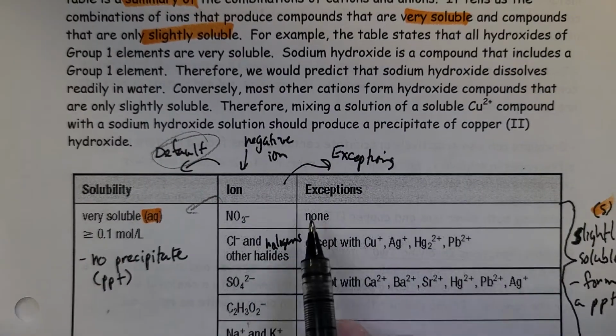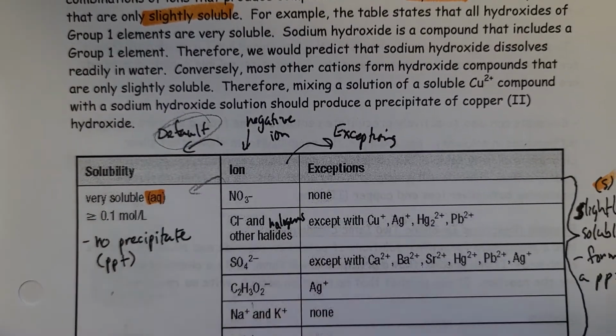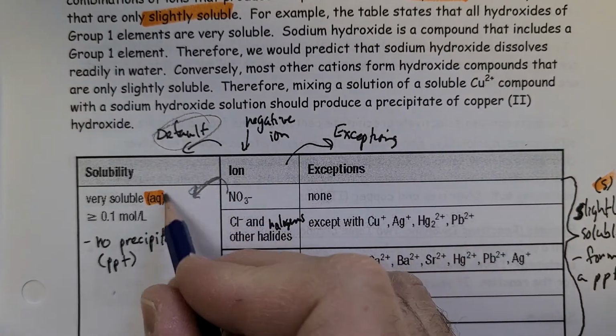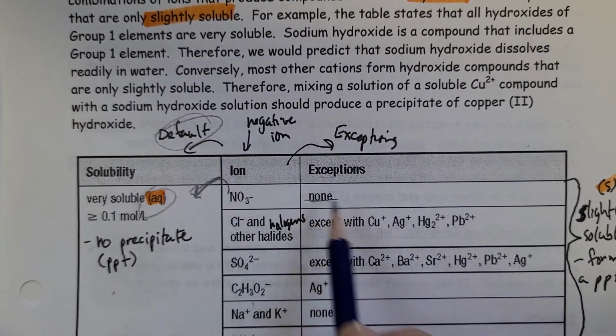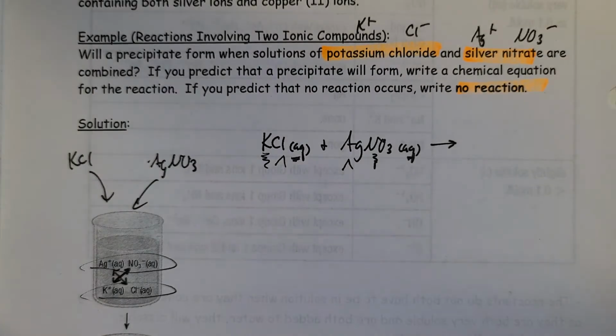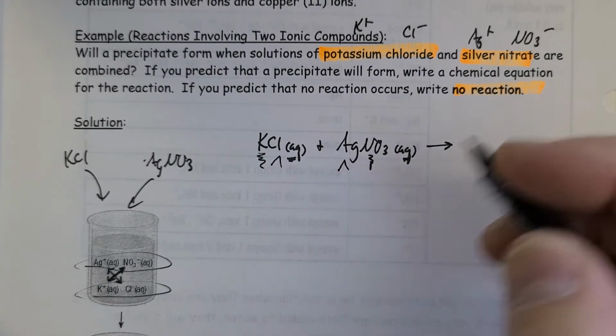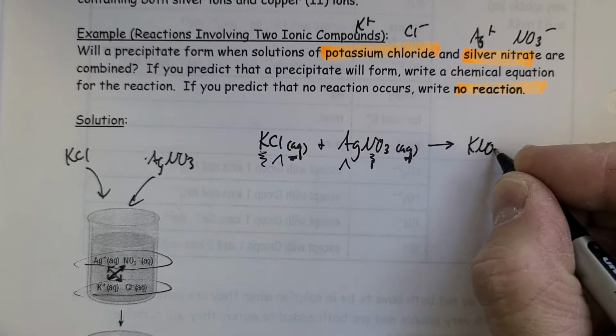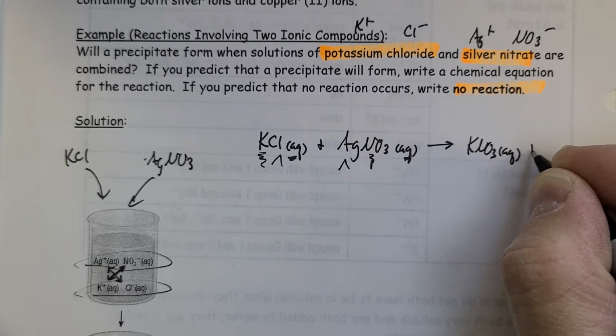If you recall, nitrates are interesting because nitrates with every positive ion are aqueous. There are no exceptions. If there's a nitrate present, there will not be a precipitate. So if I'm looking at potassium nitrate, it's just simply going to stay as AQ.